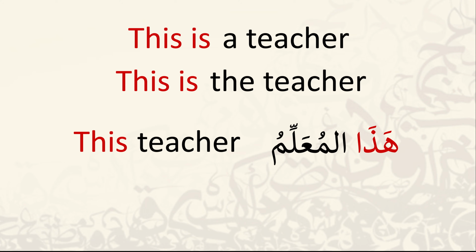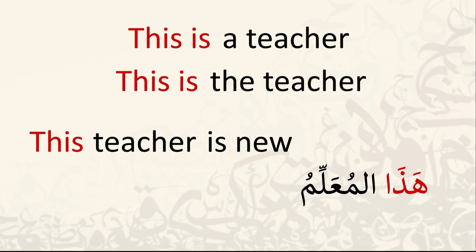We can complete it by saying, for example, this teacher is new. هذا المعلم جديد. And here in Arabic we use the definite article el, but we don't do that in English because this is replacing the definite article.